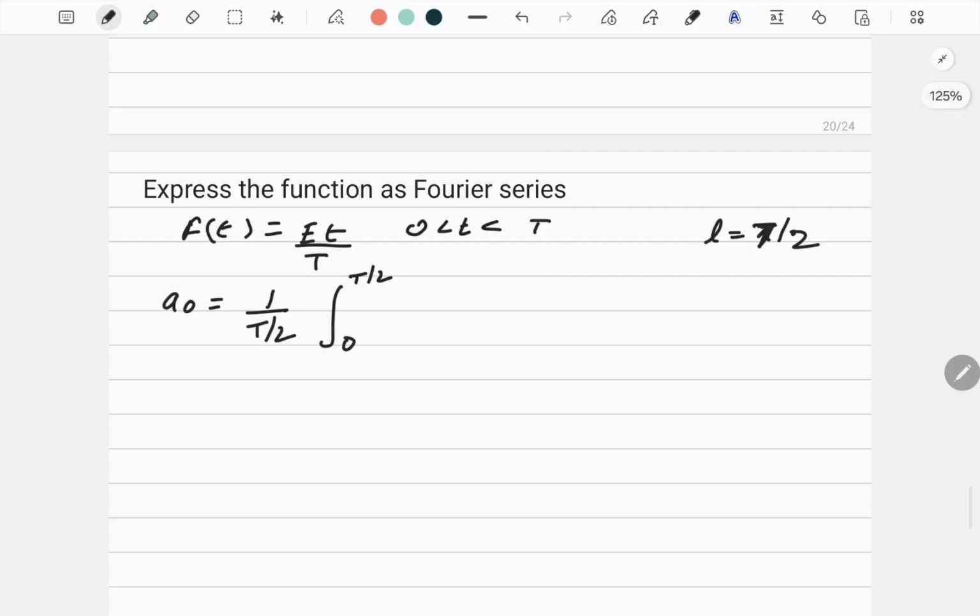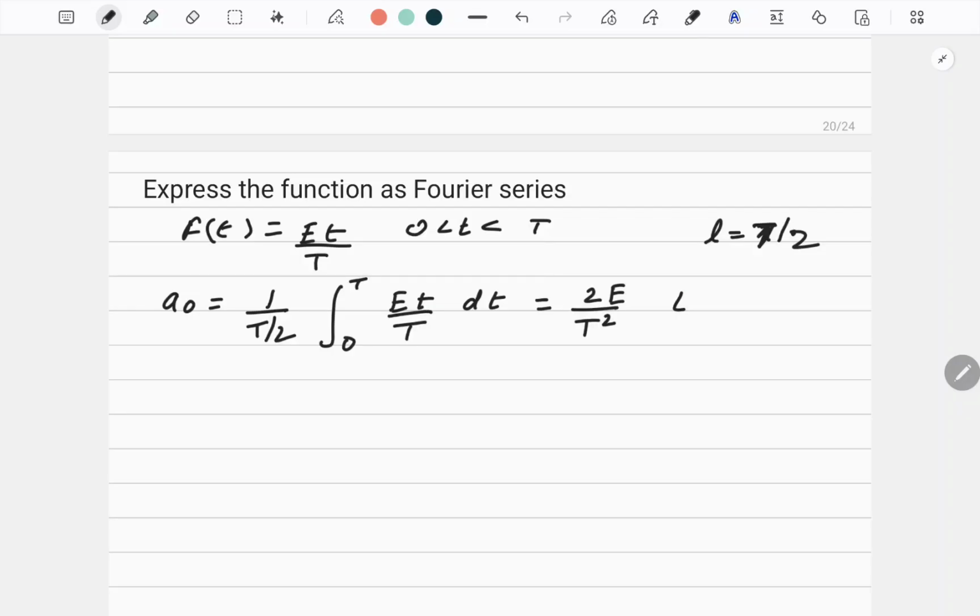Not 0 to L. Again here, since I am not using the even and odd concept, it will remain 0 to 2L, that is 0 to T, of f of x dx. So e t upon T dt. So this will become 2 by T, and then e will come out as a constant, T will come out as a constant.